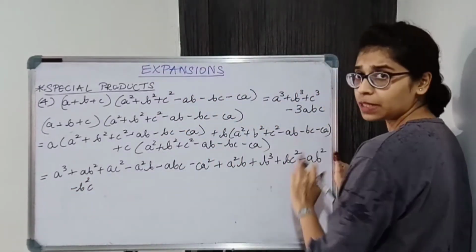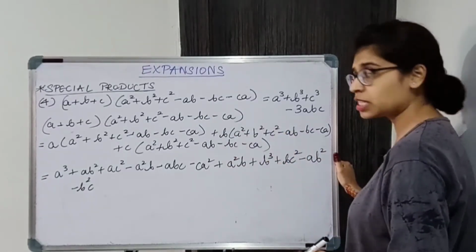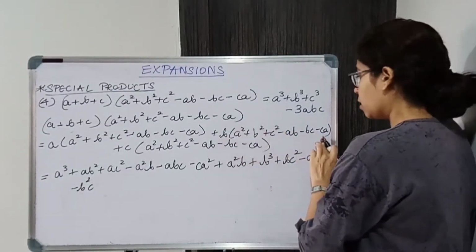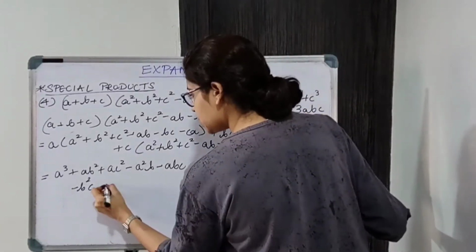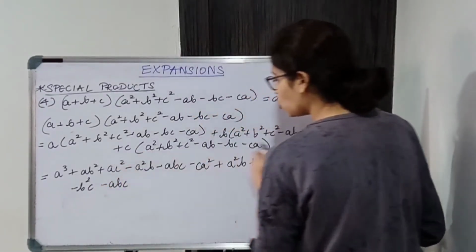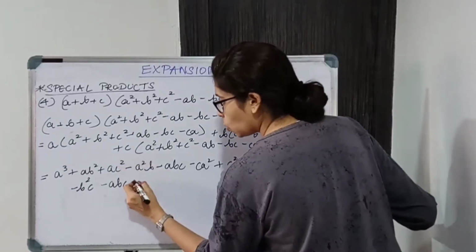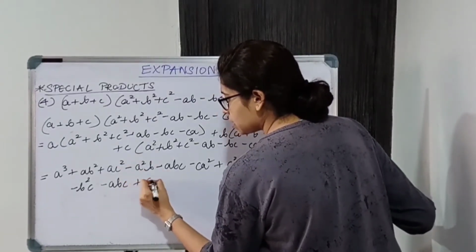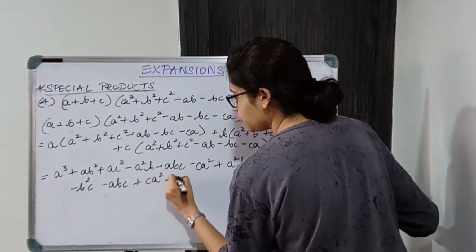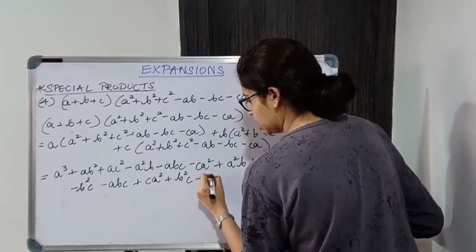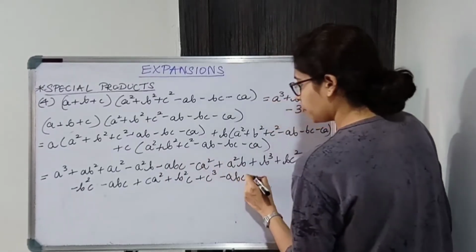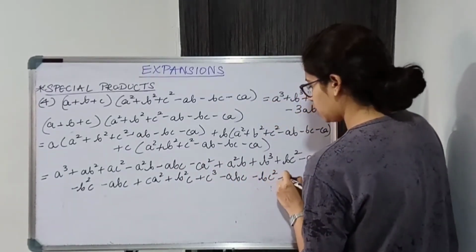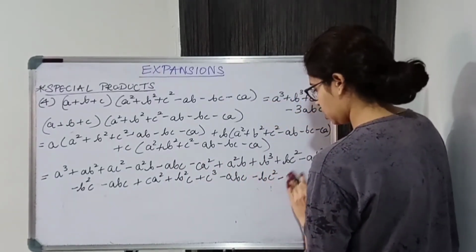I'm multiplying each and every term directly, students. Minus plus b into minus ca will give minus abc. Now opening these brackets, so plus ca square plus b square c plus c cube minus abc minus bc square minus c into ac square.